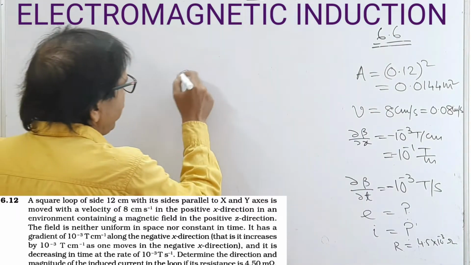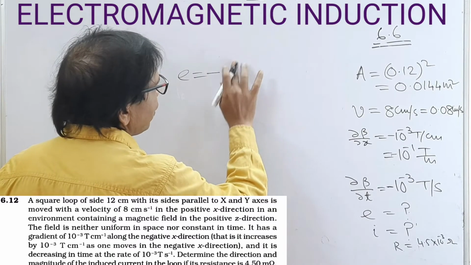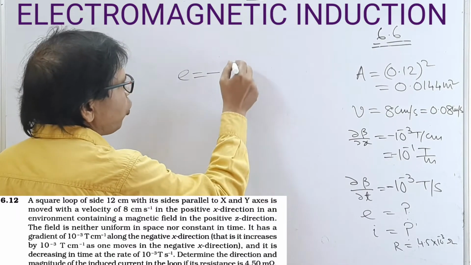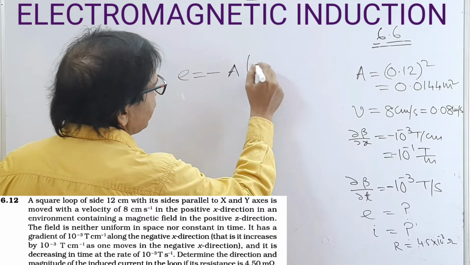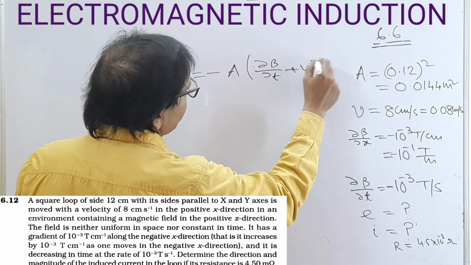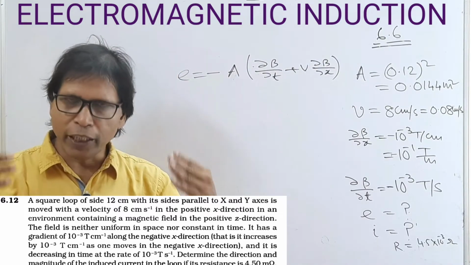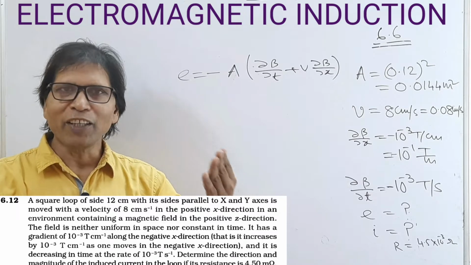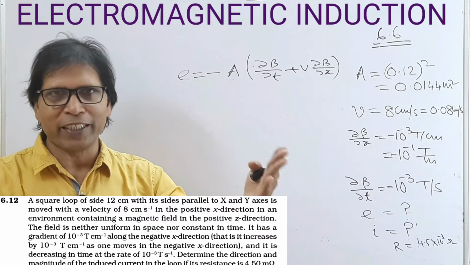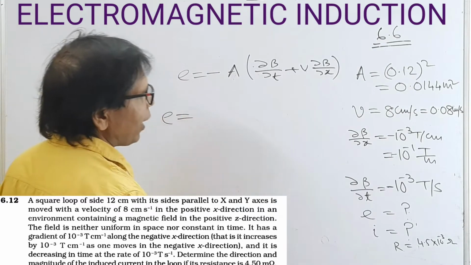Therefore E equals minus A times del B by del t plus v into del B by del x, because the magnetic field changes with time as well as with space.